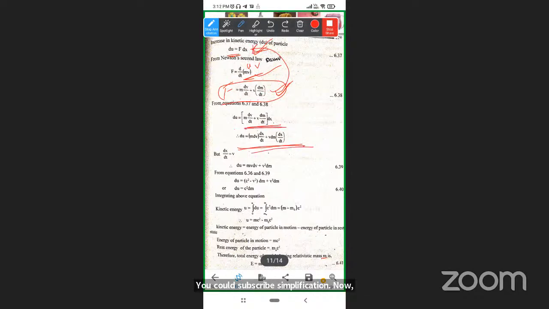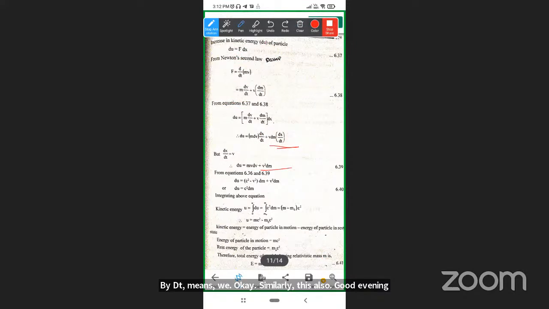So dx by dt means velocity. Then du is equal to mv dv, since dx by dt means v. Similarly here also there is v, that is v square into dm.